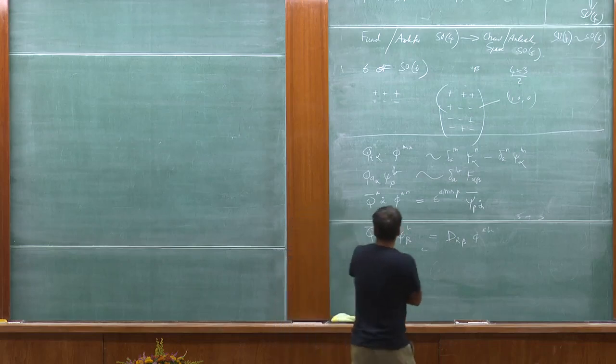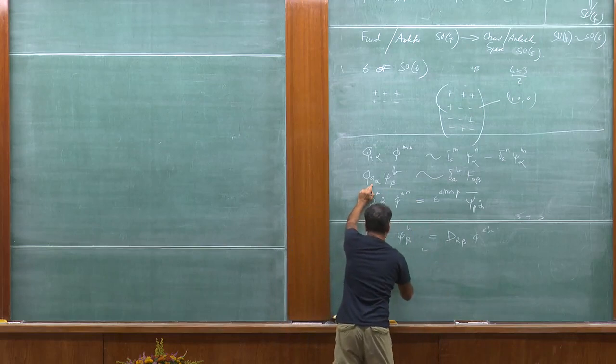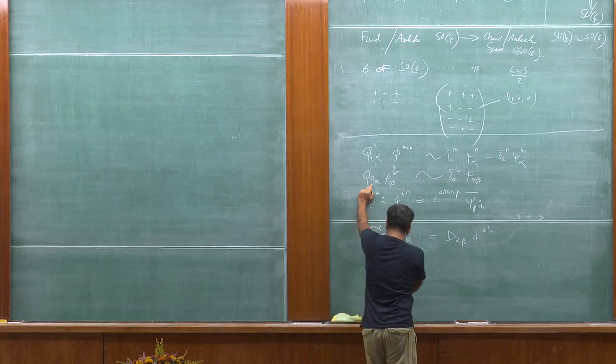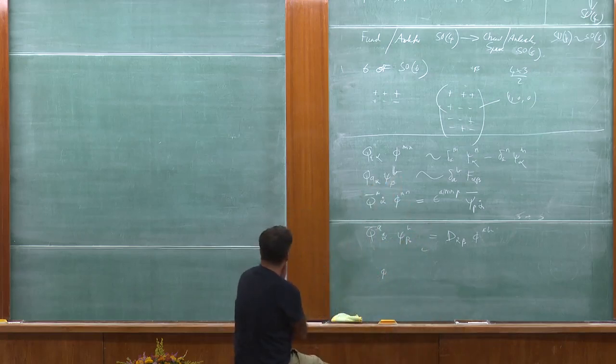Yeah, I think here. Let's say phi. How are we going to get this? So just one second. Sorry. How are we getting the R symmetry in this?